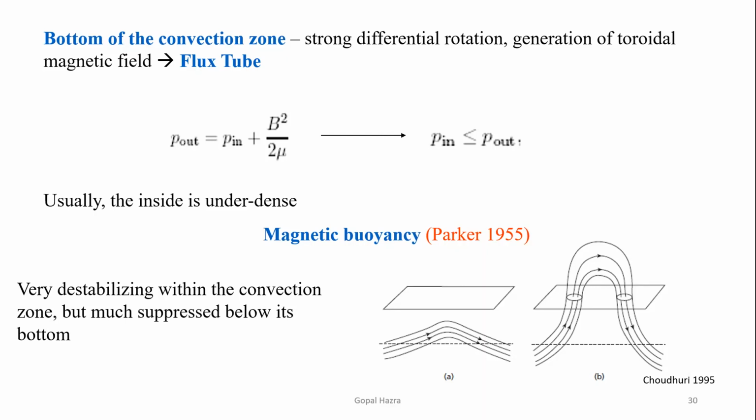It has been found that the tube rises and creates a bipolar region. That's why sunspots always come as a pair: this is the positive and this is the negative. It is again a convention of how you are looking at this part. If it is positive, that means the polarity measurement, the polarization, is how it is coming towards you. That's why sunspots are always bipolar.